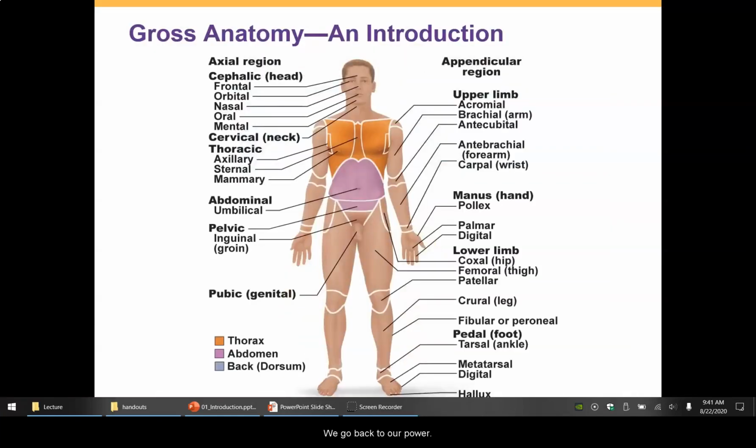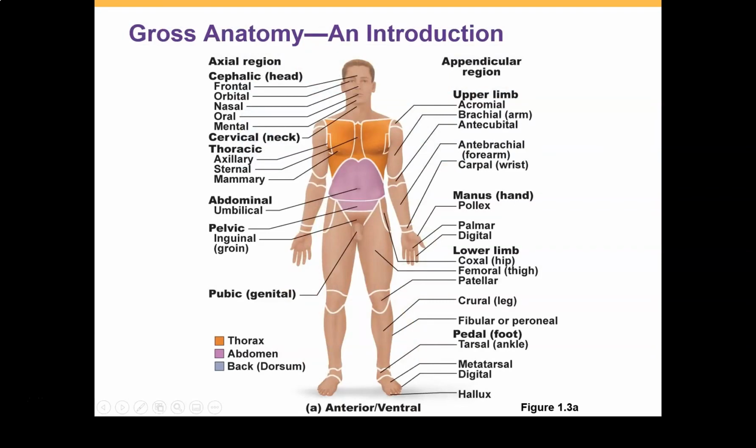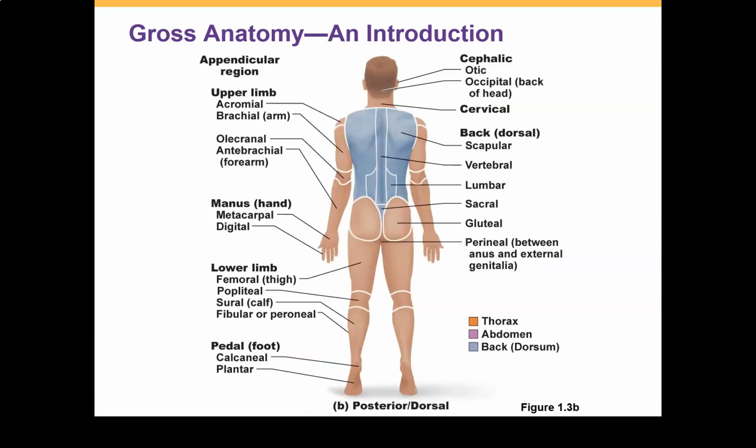Let me go back to our PowerPoint. So only know those. Don't memorize everything in these slides. So remember, these are major anatomical landmarks that we are going to be using throughout the semester.